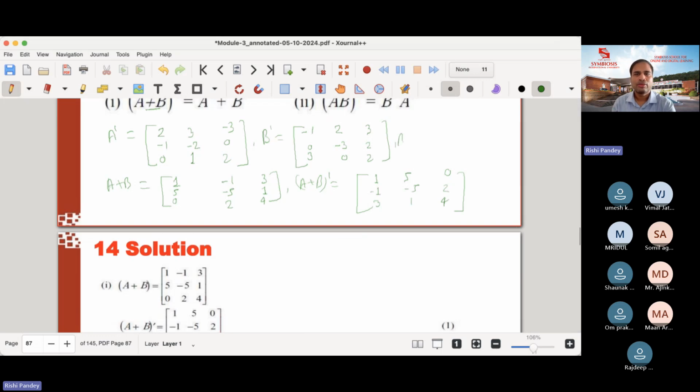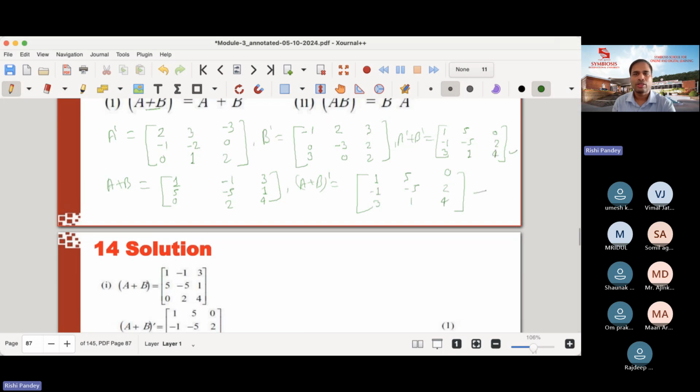Okay. Now, A transpose plus B transpose is equal to what? So if you add these two, 2 minus 1, 1. Okay. 3 plus 2, 5. Minus 3 plus 3, 0. Minus 1, 0, minus 1. Minus 2 minus 3, minus 5. And here 0 plus 2, 2. Okay. 0 plus 3, 3. 1 plus 0, so it is 1. Okay. 2, 2, 4.